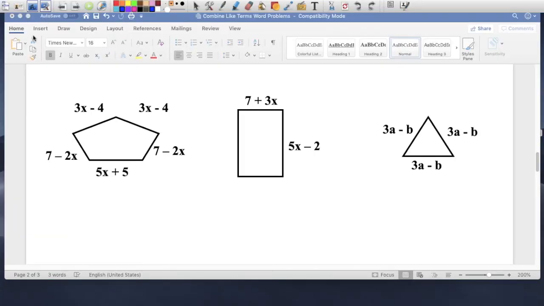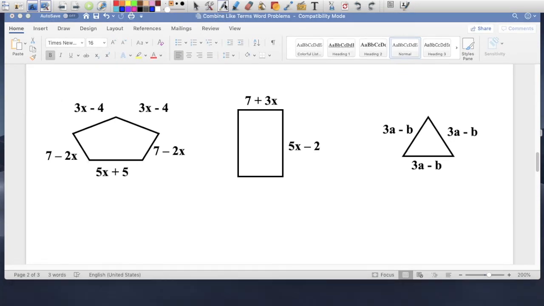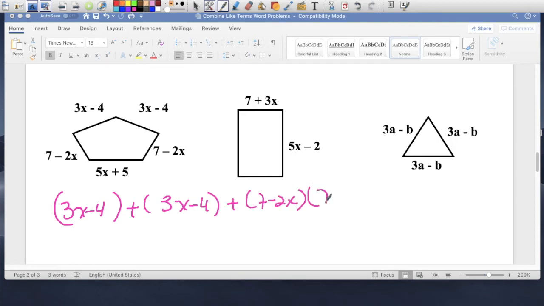So then this one here, again, we can add all these. So it's 3x minus 4 plus 3x minus 4, plus 7 minus 2x plus 7 minus 2x and then plus 5x plus 5.